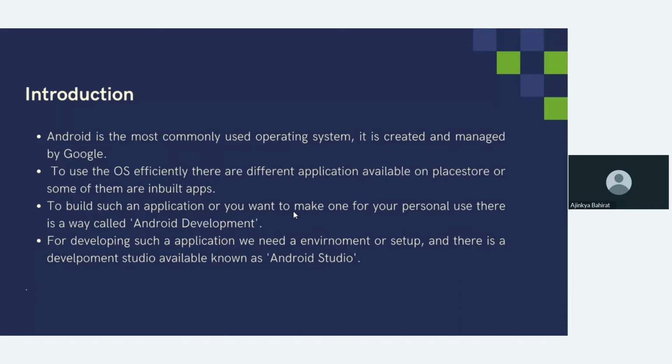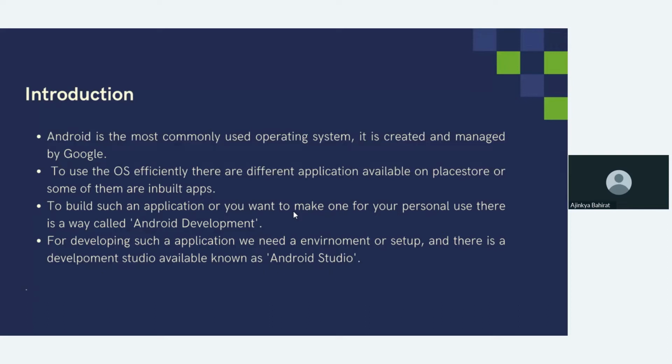As you might know, Android is the most commonly used operating system, created and managed by Google itself. Android is freely available, which is why it is mostly used. But to use the operating system more efficiently, we have to build applications to run the system efficiently.